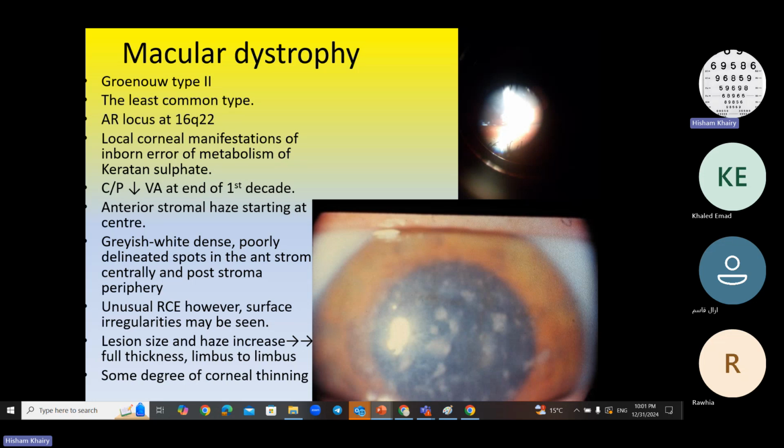It is the least common stromal dystrophy. It is autosomal recessive. It has been localized to chromosome 16, long arm, position 22. And it is a local corneal manifestation of an inborn error of metabolism of keratan sulfate.